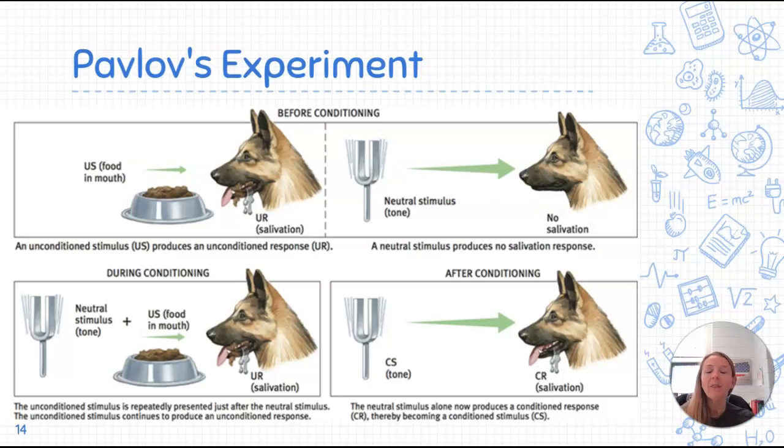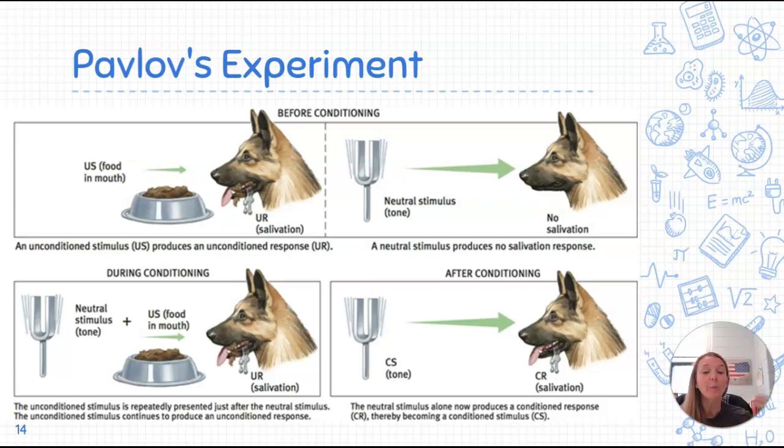Then he looked at a neutral stimulus, meaning that stimulus did not produce the response. In this case, he used a tone in one of the variants of his study. Then he started to pair the neutral stimulus, the tone, with the food. He repeated this several times: neutral stimulus, food, and the dog would salivate. Neutral stimulus, food, and the dog would salivate.